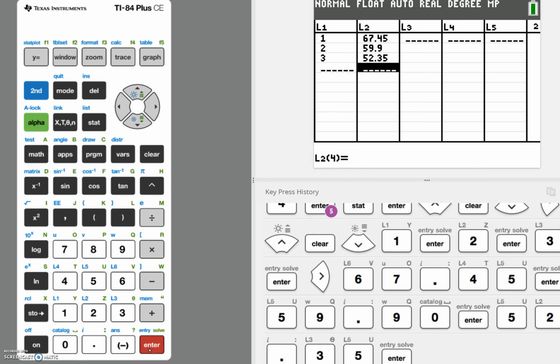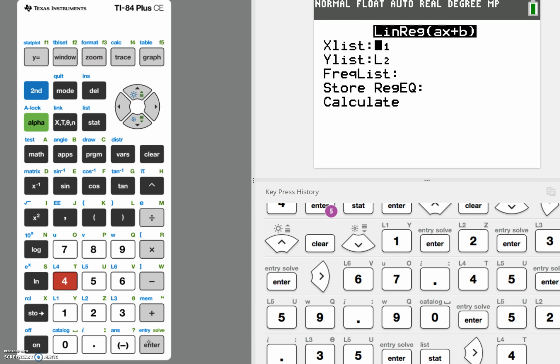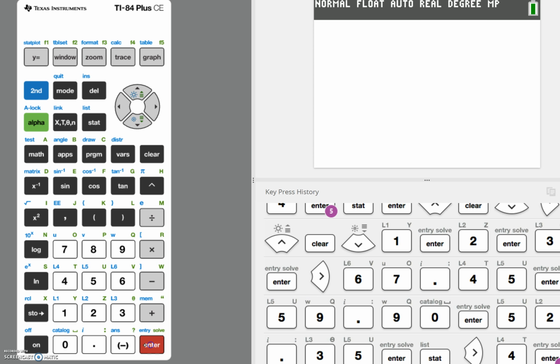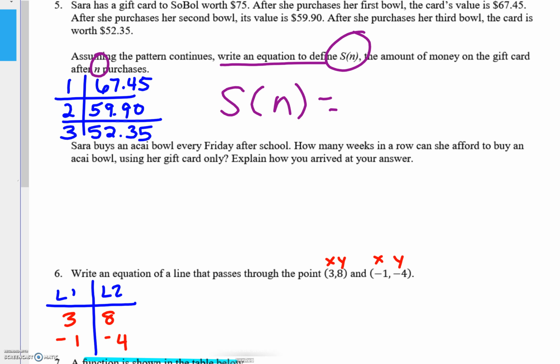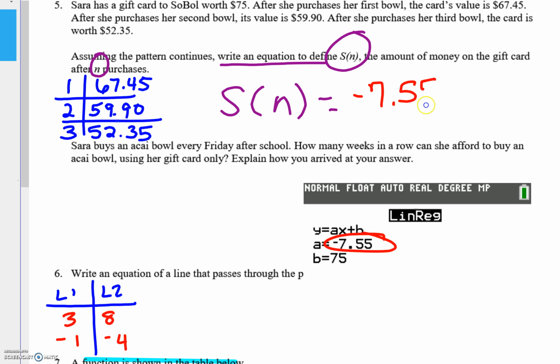So once I set the calculator, from here I want to hit Stat, Calc, Choice 4, Enter, Enter, Enter, Enter, Enter. So right here are the numbers that I'm using for the equation. So, a term. Instead of using an x, I need to use n plus 75.